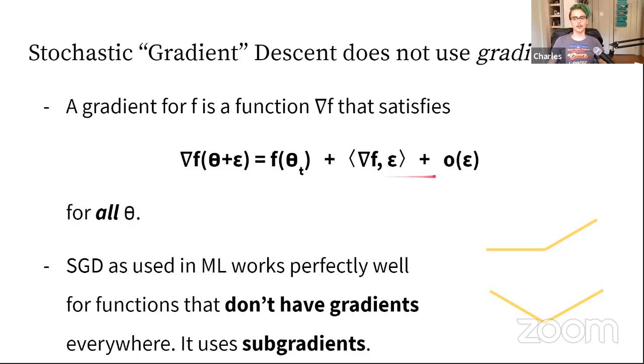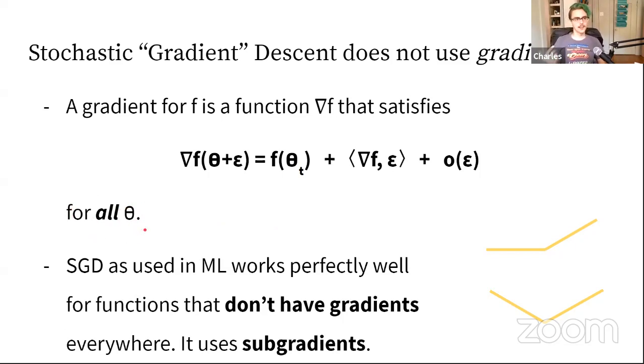(Oh shoot, there's a little error here. This nabla here should not be there, so ignore that.) So that's what this inner product says. This applies for scalar-valued functions that take in scalars, vectors, and matrices. And importantly, this is true for every choice of theta.